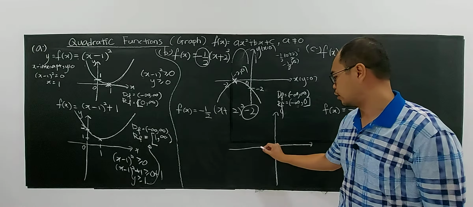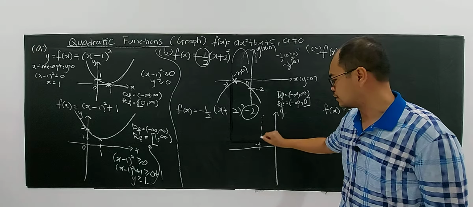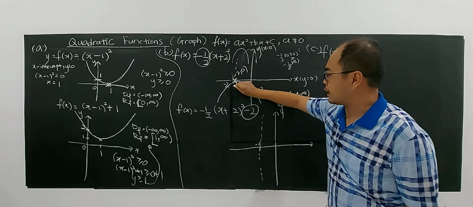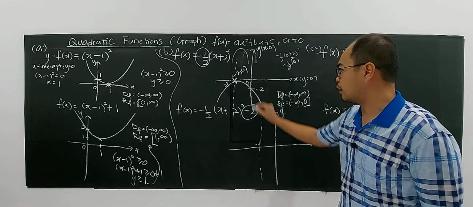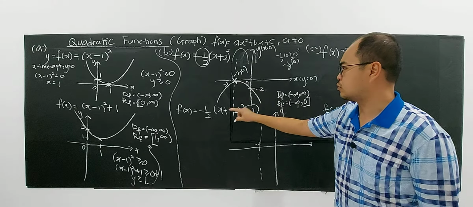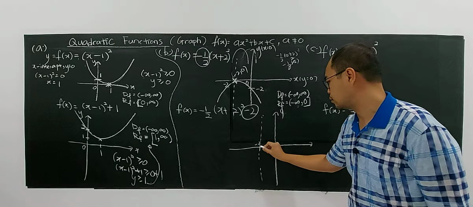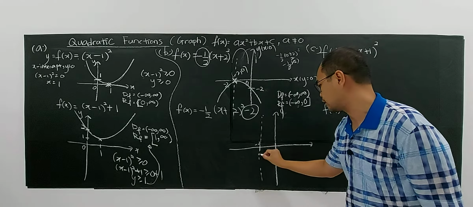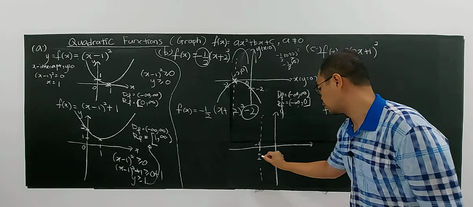So it is still at the same axis of symmetry, negative 2, but this point is now moving downwards by 2.